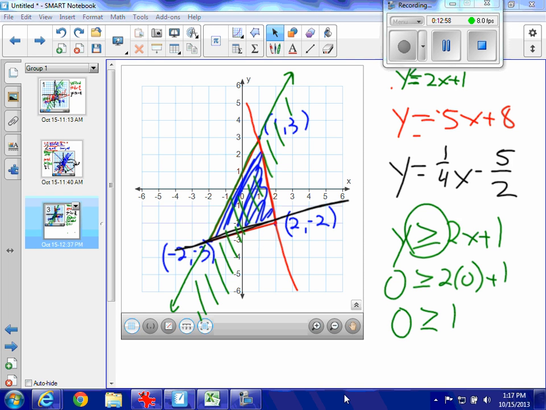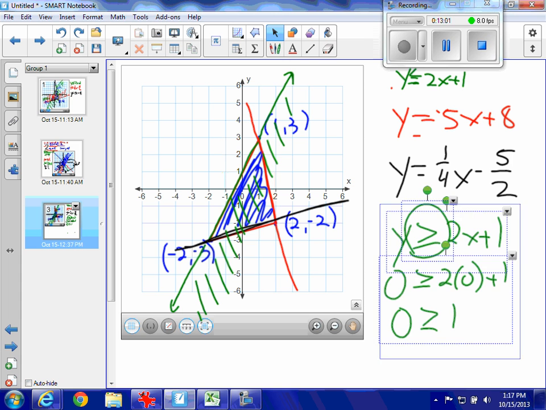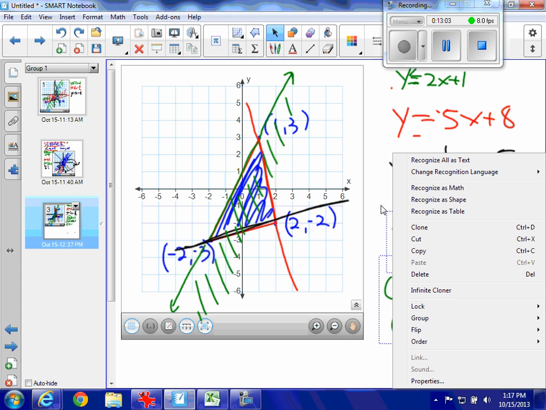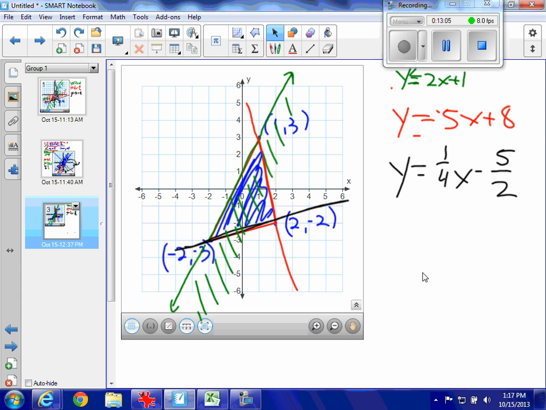Okay, now I'm going to go to my next one. Now I'm going to do the exact same thing. y equals negative 5x plus 8. That's my red line. Well, okay, I'll just take a stab at it. y is less than or equal to negative 5x plus 8.